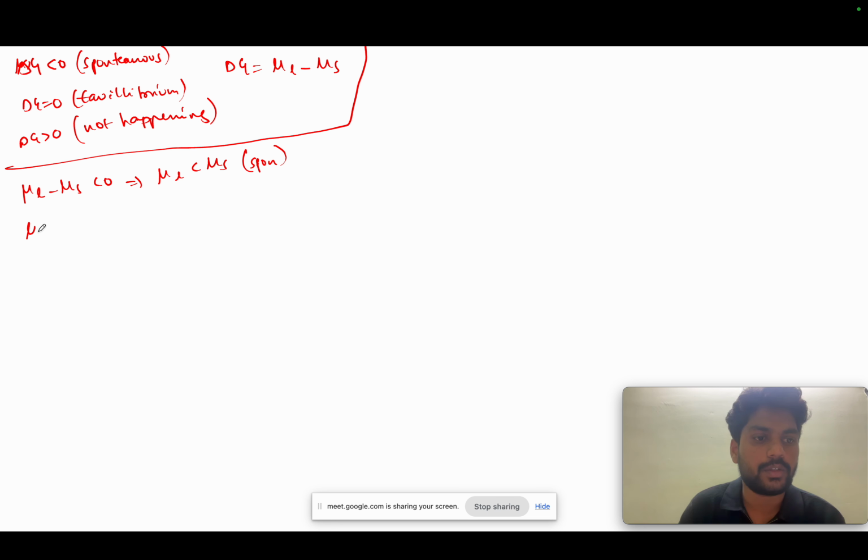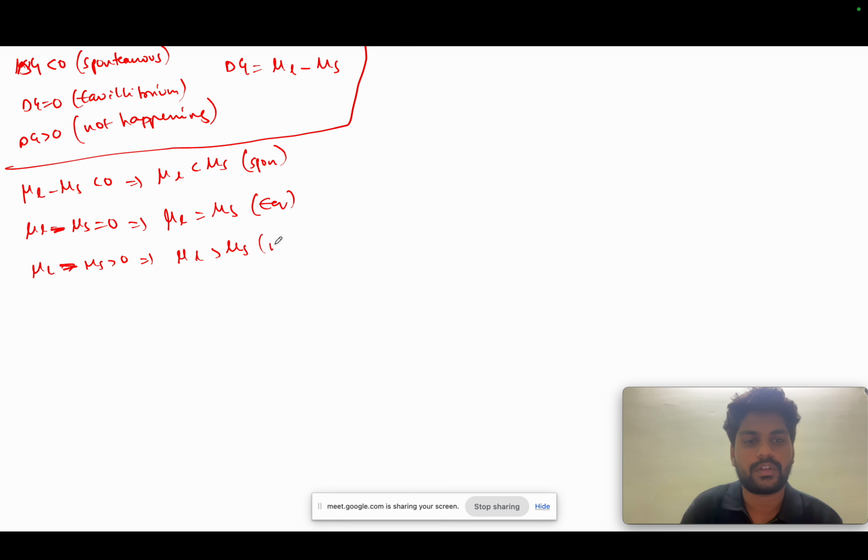Then mu L minus mu S equal to 0, mu L equal to mu S, this is equilibrium. And mu L minus mu S greater than 0, that means mu L is greater than mu S, it's not happening.